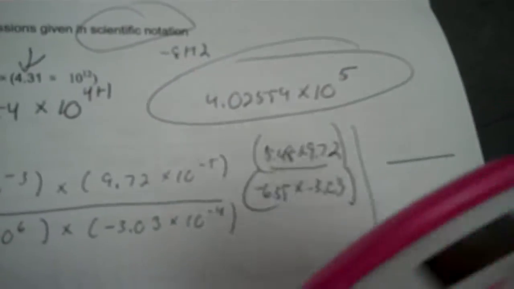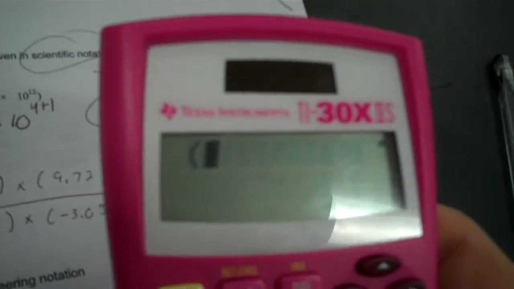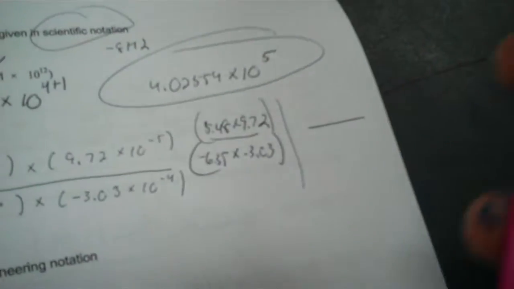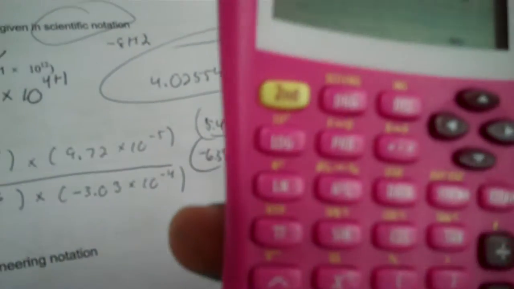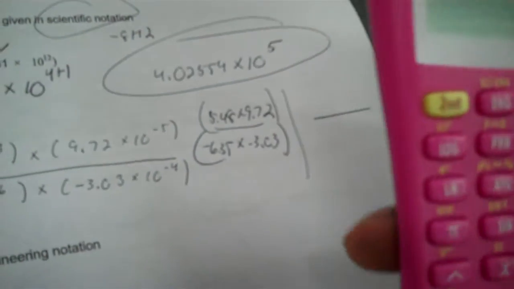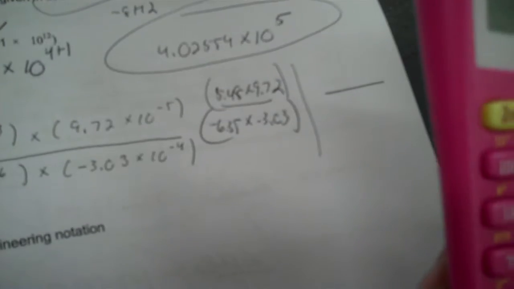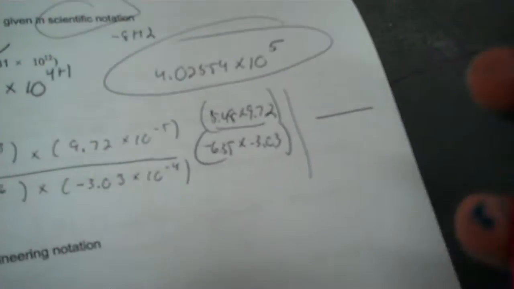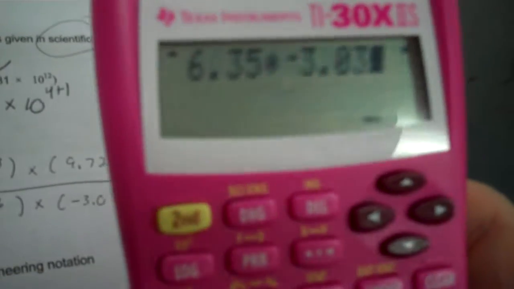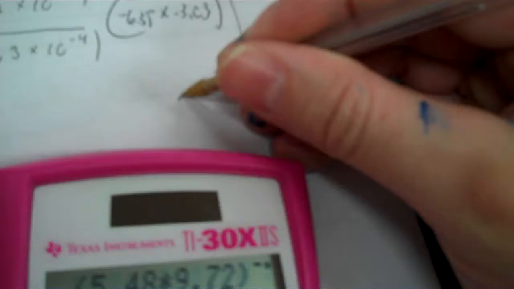We'll worry about the powers of 10 in a second. Close the parentheses after the top and then hit divided by negative 6.35. Get that parentheses in there. Negative 6.35 times negative 3.03. Okay, go 4 digits out.